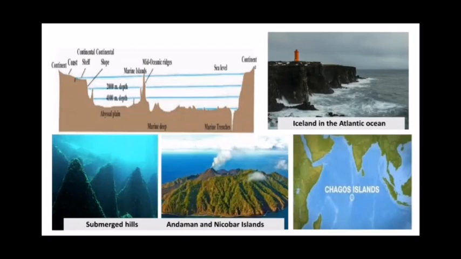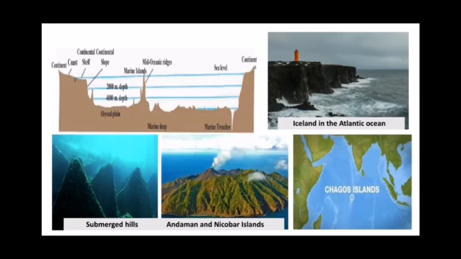Next children, we will be doing the mountain ranges and the plateaus, along with the abyssal plains. That means first we have the plain land, and then just beside it we will have the mountain ranges and the plateaus under the water. Now children, the hills and the mountains that are found in the ocean are called submerged hills or mountains.